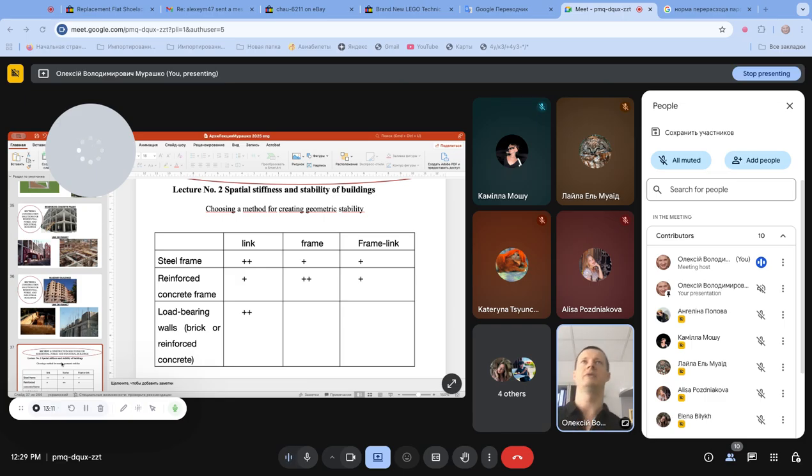But in Kiev, it may be a bigger number of floors because there are no seismic impacts in Kiev. Such buildings with 3, 4, 5 floors can be erected with the frame method, and it's really easy to erect. For a multi-story building, it is easier to make a geometrically stable system with the link method.